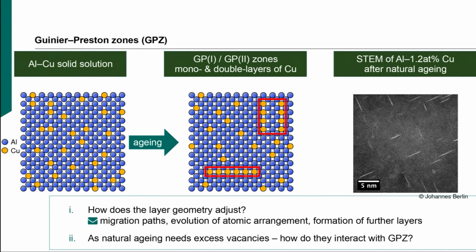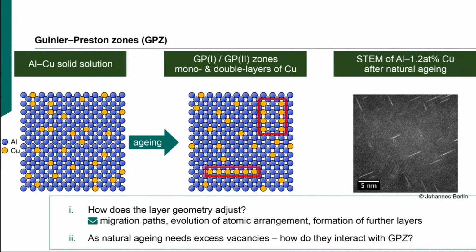So first here you see a real experimental image of such an aluminum copper alloy with 1.2 atomic percent of copper. And I think I mentioned already that in these aluminum copper alloys you have this natural aging.